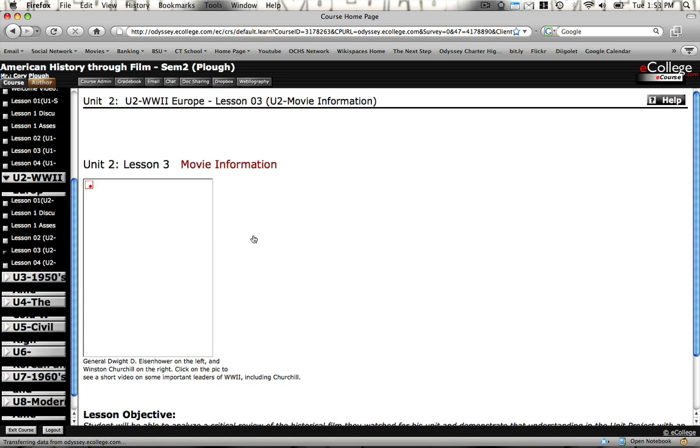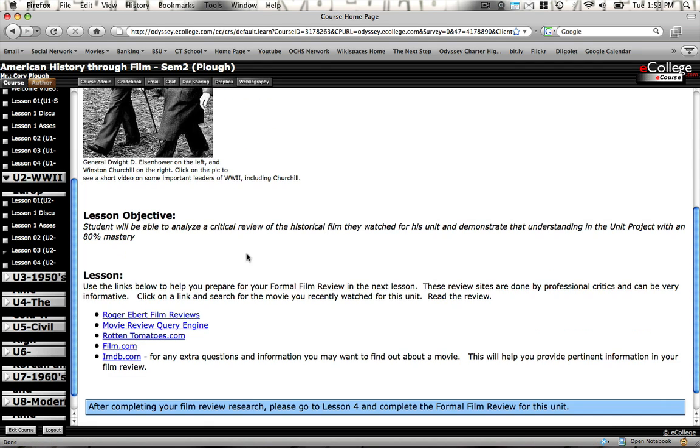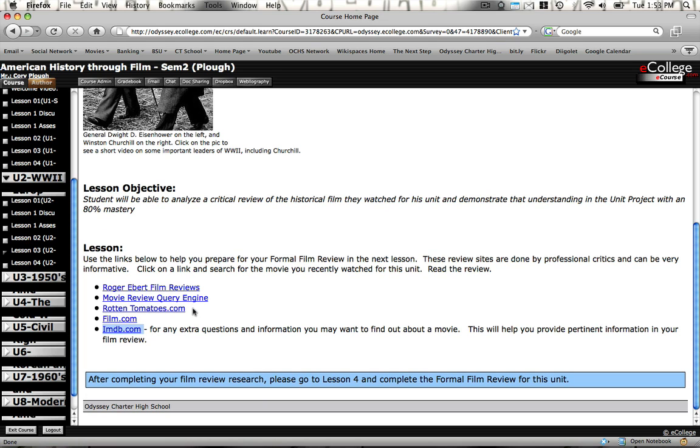In Lesson 3, you're going to take notes. You're going to look up the movie that you just watched on imdb.com and get all the information that you need about the movie. Read a review about that movie from Rotten Tomatoes or the Movie Review Query, and take notes.